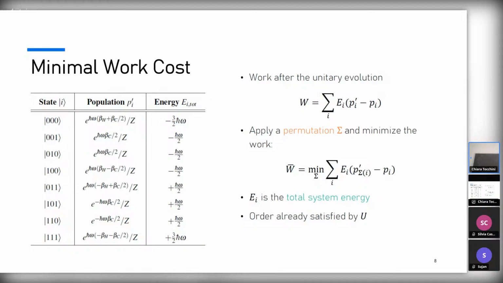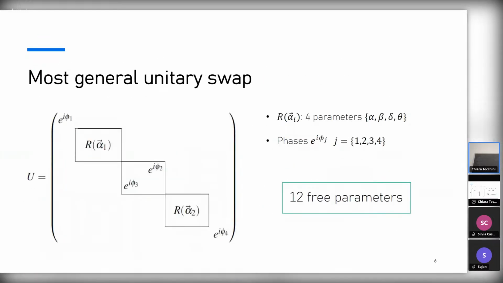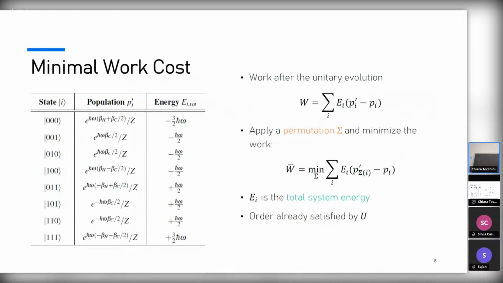And we see that in this case, the energies are already ordered in an increasing fashion and the population in a decreasing fashion. So the unitary that we found before, this one, without any permutation, it's also the one that implements the minimal cost in terms of work.